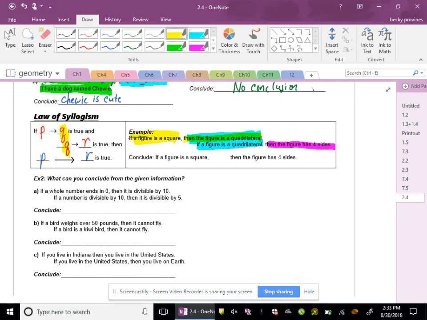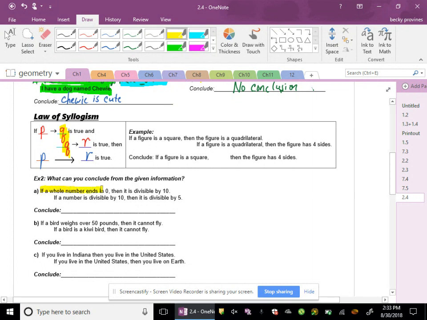Now my final answer is going to be the very first sentence and the very last sentence. My pen will change colors. So I'm going to say if the figure is a square, then the figure has 4 sides. Okay, so this actually ends up being sometimes a lot easier than the previous. I'm sorry that my colors did not change on me there very well. So let's try this, and I will try to color code it.